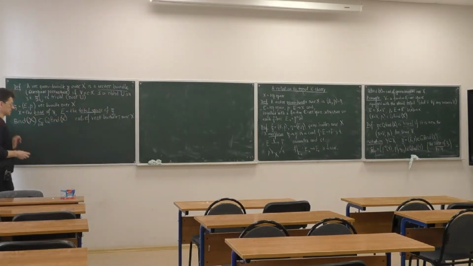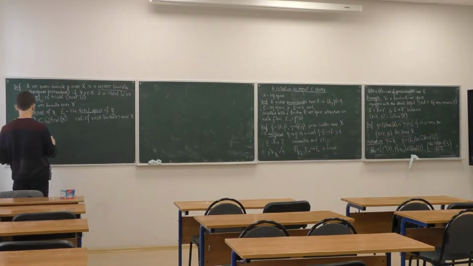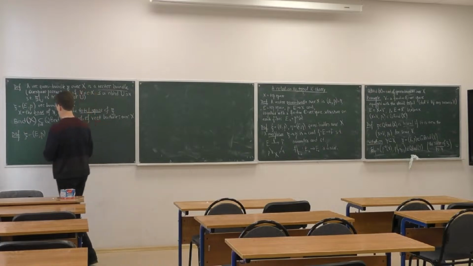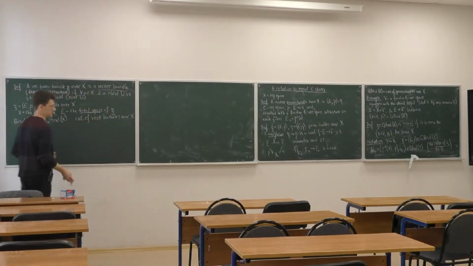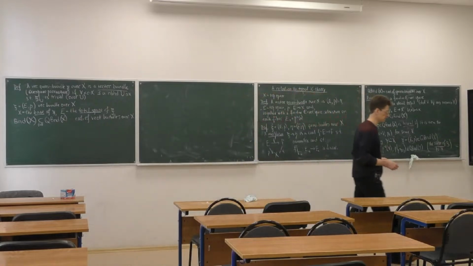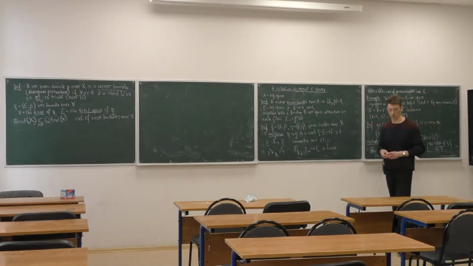Okay, let's now discuss sections of vector bundles. So if we have a vector bundle xi, well, maybe before we discuss sections, let's look at some operations on vector bundles. Actually, there are many useful canonical constructions on vector bundles, but we will need only two of them.